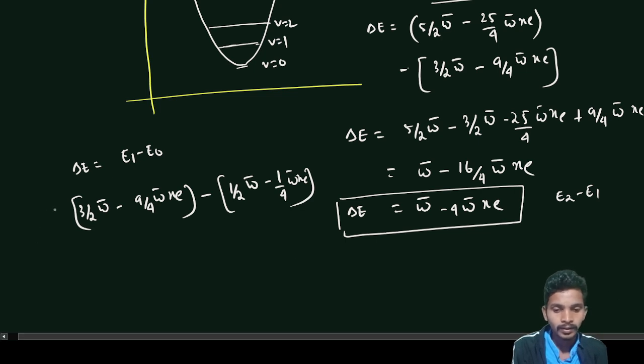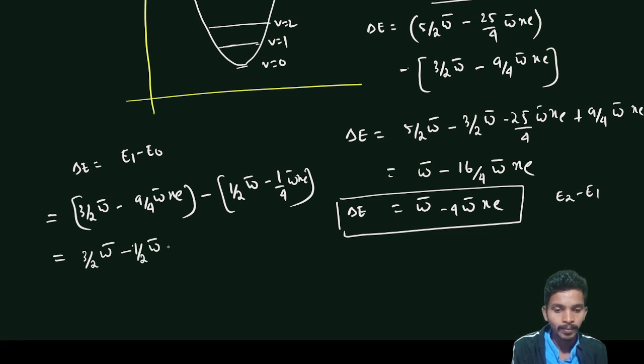Okay, so if I do it, then what value I will get: 3 upon 2 omega minus 1 upon 2 omega, minus 9 upon 4 omega xe plus 1 upon 4 omega xe.